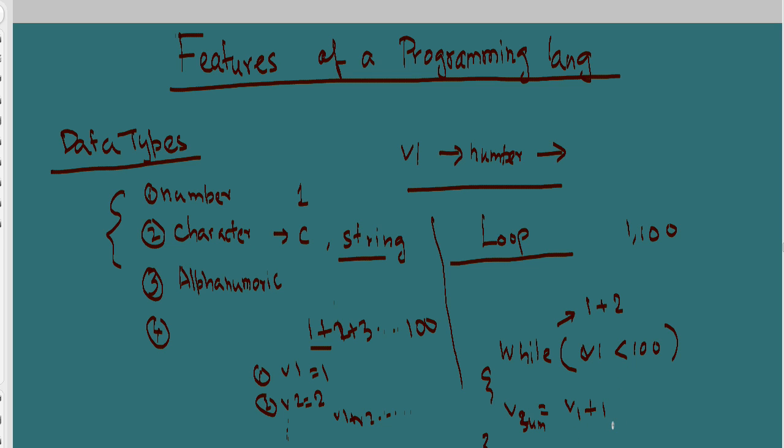and then v1 equal to v1 plus 1. So what you are essentially doing is adding 1 to v1 repetitively, and then you keep on adding the value of v1 to another number, v sum, to calculate the final sum.